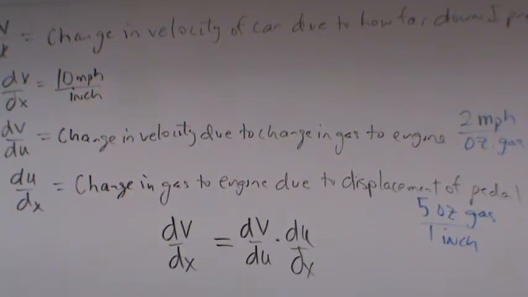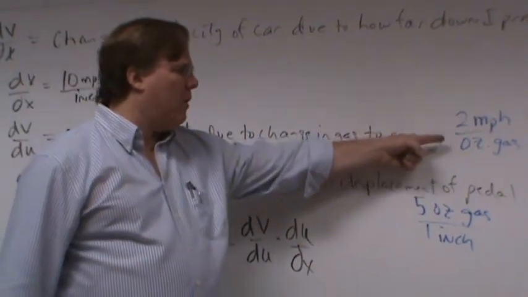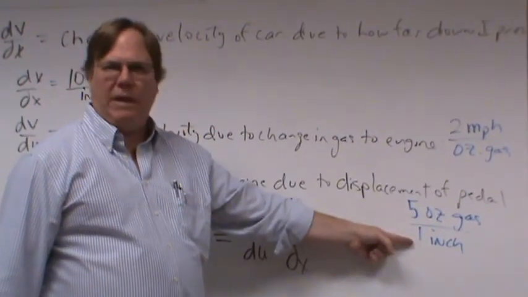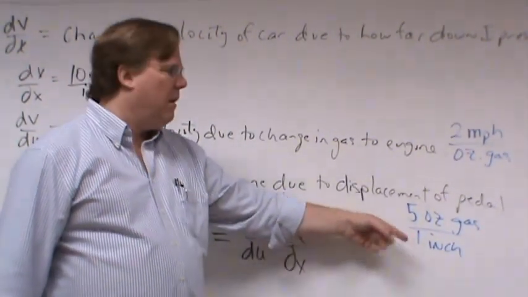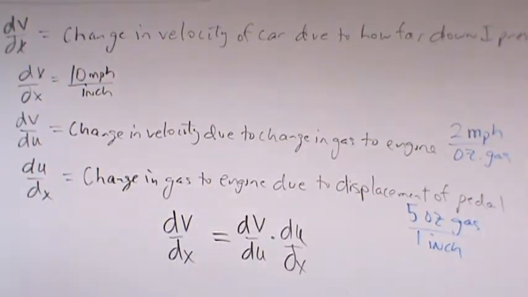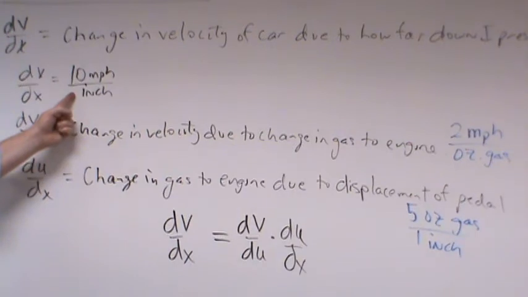Well, if I'm gaining 2 miles an hour for every ounce of gas, but I'm gaining 5 ounces of gas for every inch I depress the pedal, how many miles an hour am I gaining for every inch I depress the pedal? 10. 10, right? Yeah. Do you see that?